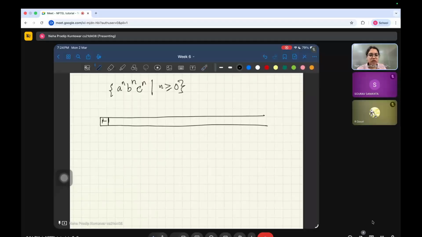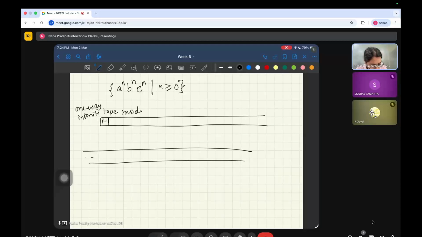This is a single tape model, not really single tape but one-way infinite. There is an equivalent model where the tape is infinite in both directions, and your content starts somewhere in the middle. Both of these are equivalent. I guess you can already see why.